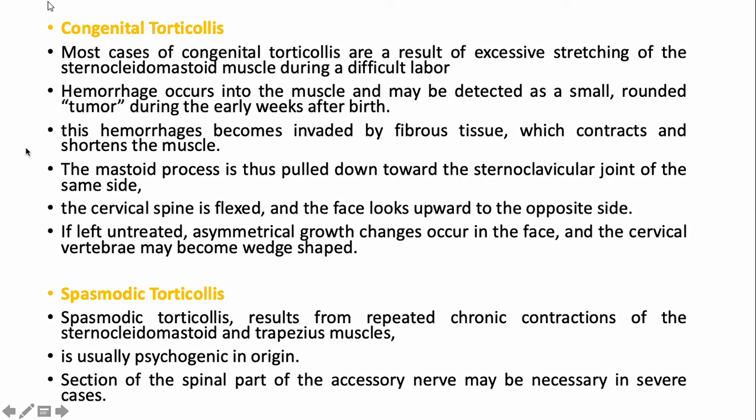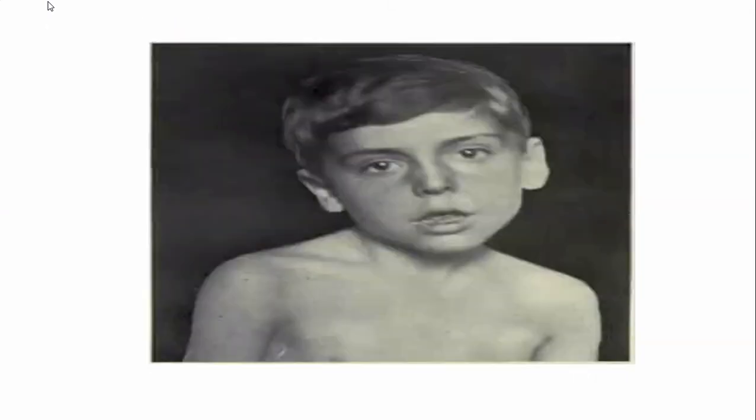These hemorrhages become invaded by fibrous tissue, which contracts and shortens the muscle. The mastoid process is pulled down toward the sternoclavicular joint of the same side, so the cervical spine is flexed and the face looks upward to the opposite side. If this condition is left untreated, asymmetrical growth changes occur in the face and the cervical vertebrae may become wedge shaped. This is the deformity in patients with congenital torticollis.